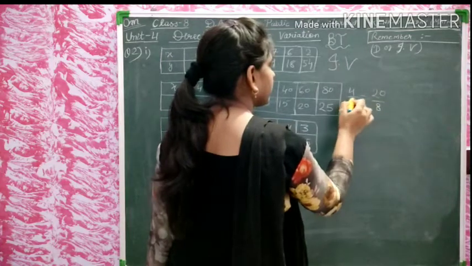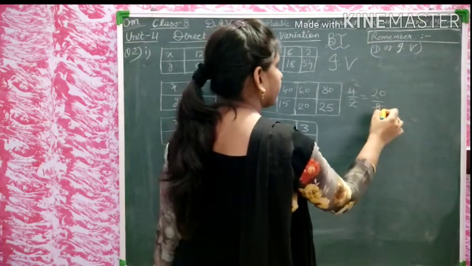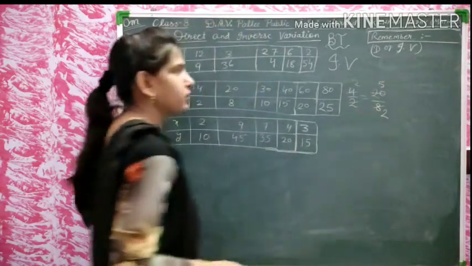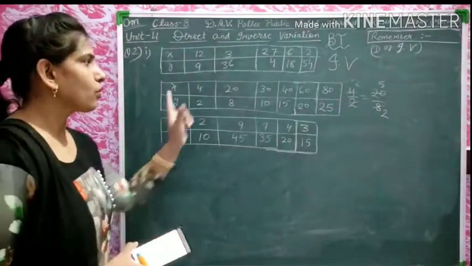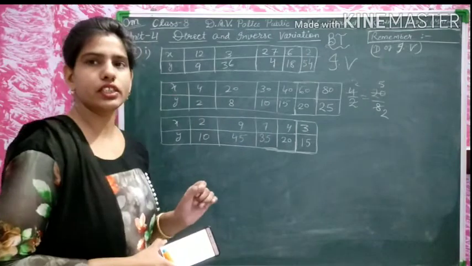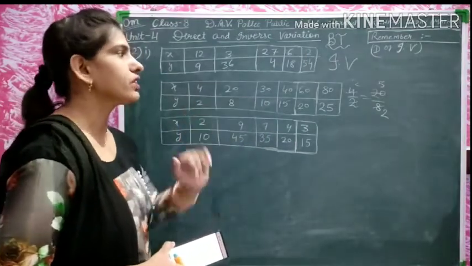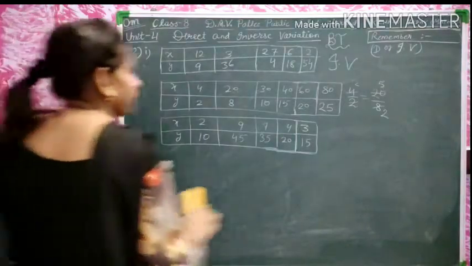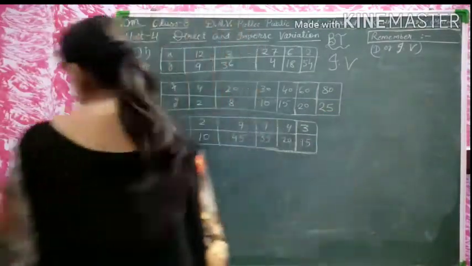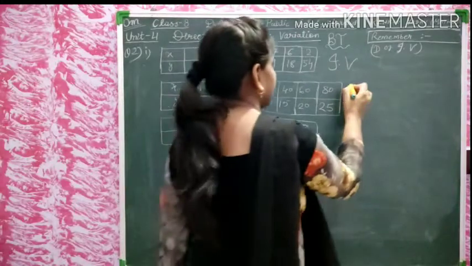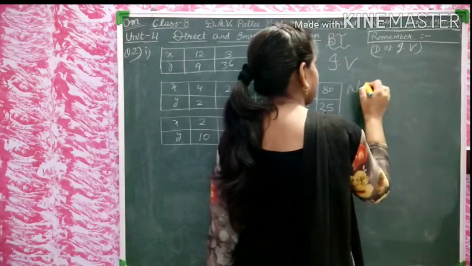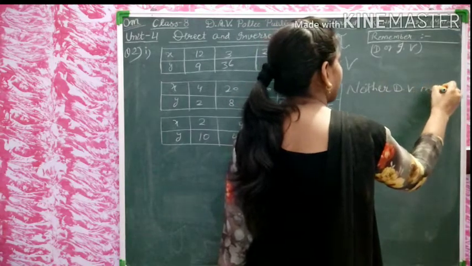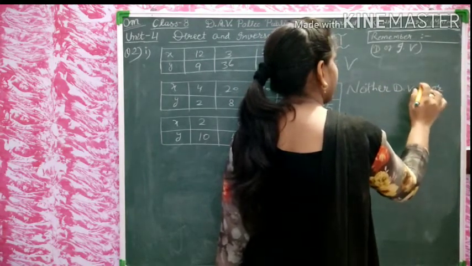Is this equal? 2 to the 4 and 4 to the 8. 4 5s are 20. There is a ratio 5 by 2 and there is a ratio 2. So there is neither the inverse variation nor the direct variation. So students, we are seeing here, this is neither direct variation nor inverse variation.